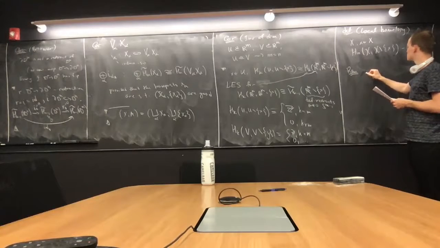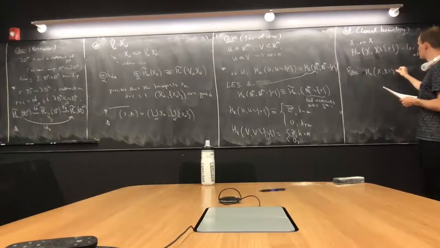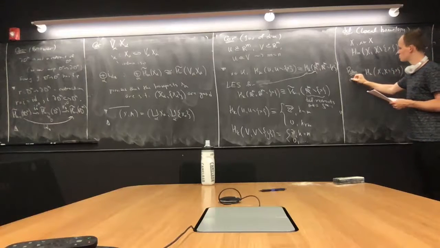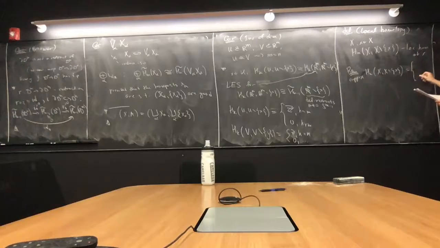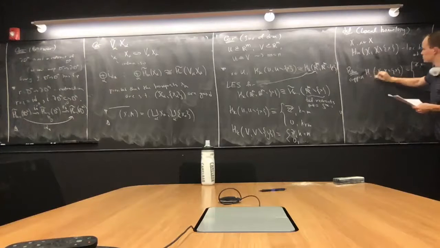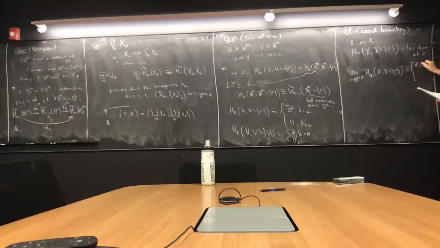Let's say H_n, suppose this is concentrated in one degree. So this is Z for k equals n and 0 otherwise.